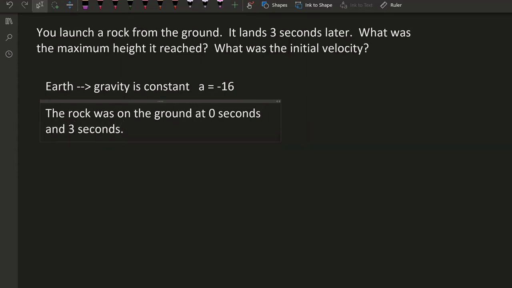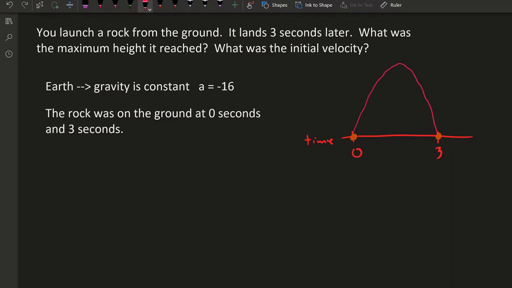So if I just draw a picture of this, this is time. At 0 seconds and at 3 seconds, the rock is on the ground, right here and right here. And then it jumped up into the air, gravity slowed it down, and then it came back down.